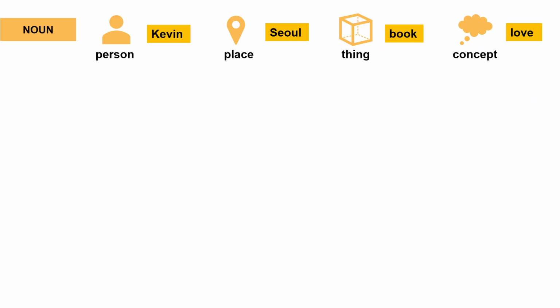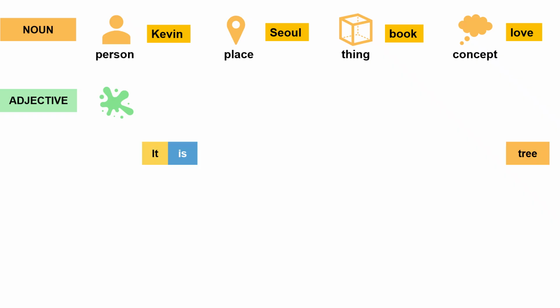The two other kinds of words we need to learn about are, first, adjectives. An adjective takes something like this. It is tree.